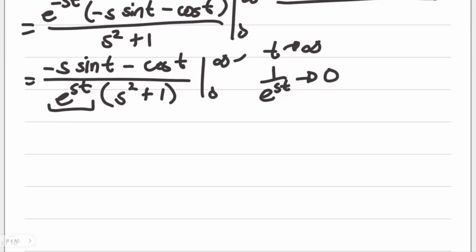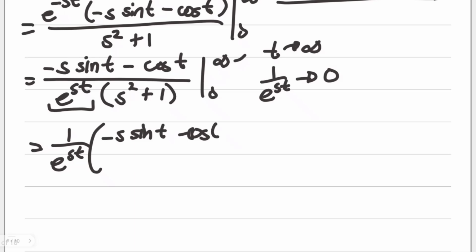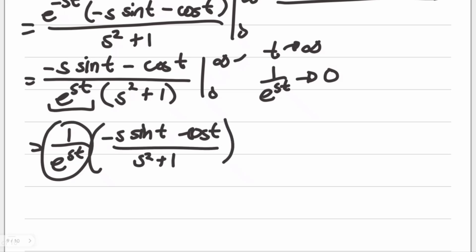So for the first substitution, let me rewrite this as 1 over e to the power of st times negative s sine of t minus cosine of t over s squared plus 1. This will approach 0 when you have infinity as your first substitution. So your first value here is 0.